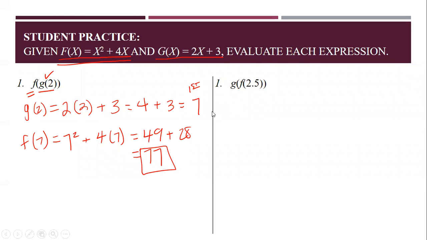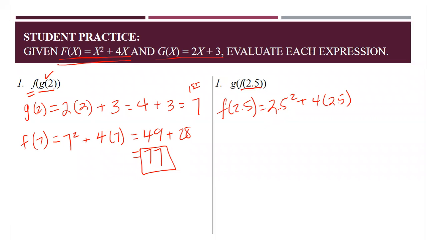All right. So you start with the innermost. And this innermost is f of 2.5. f of 2 and 5 tenths equals. So I'm plugging it into f of x. So that's 2 and 5 tenths squared plus 4 times 2 and 5 tenths. 25 times 25 is 625.